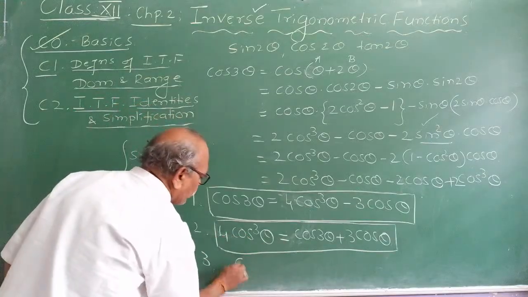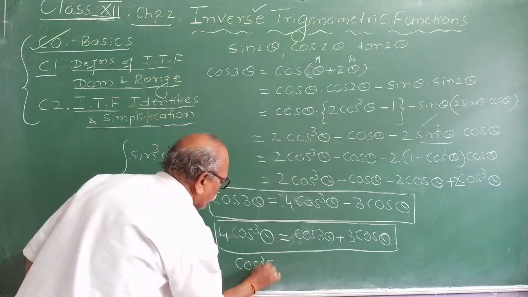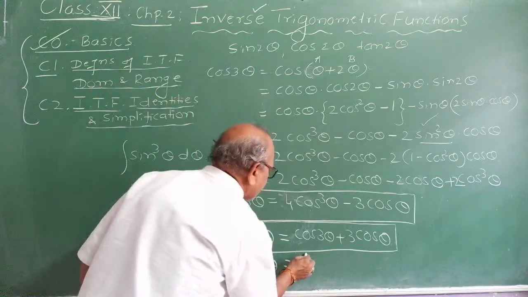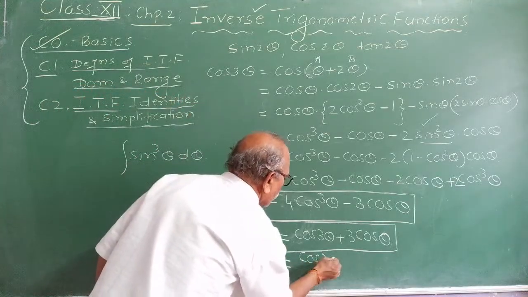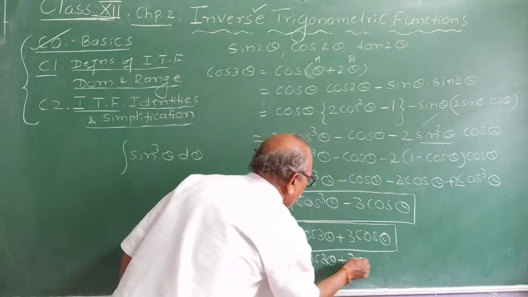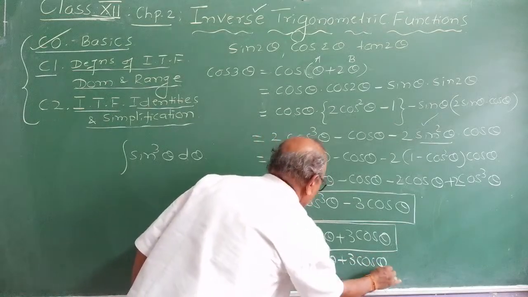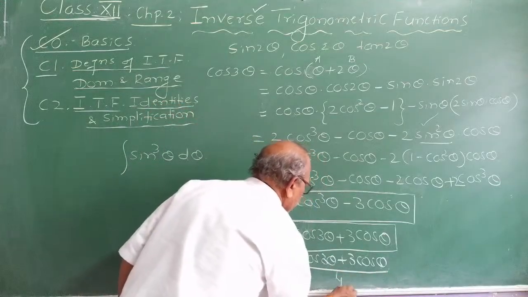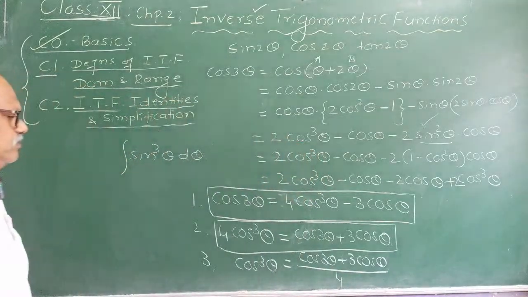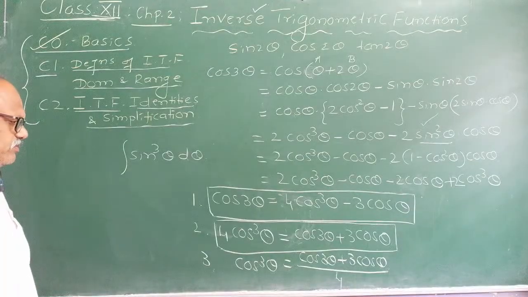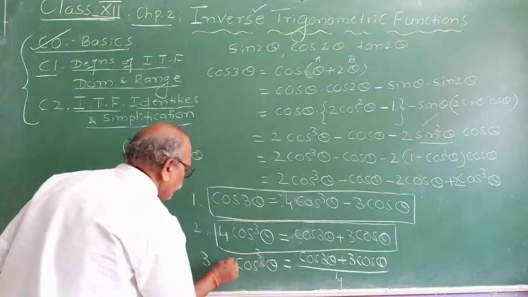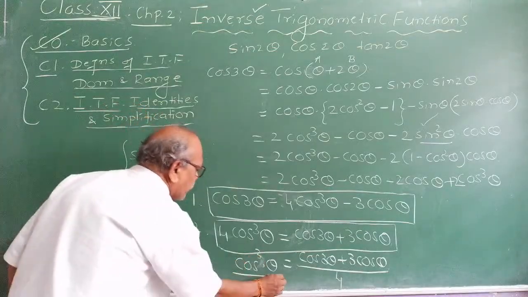Take 4 to the right, you will get cos cube theta is equal to cos 3 theta plus 3 cos theta divided by 4. Remember all these 3 formulae, because later in integration it is required.